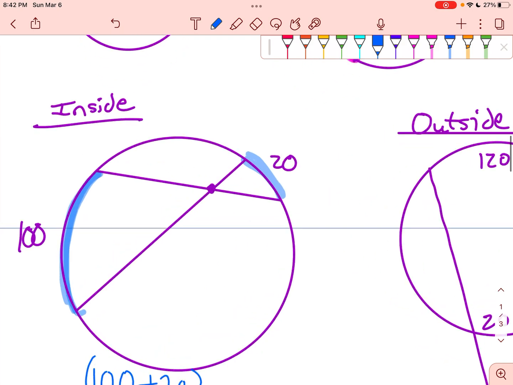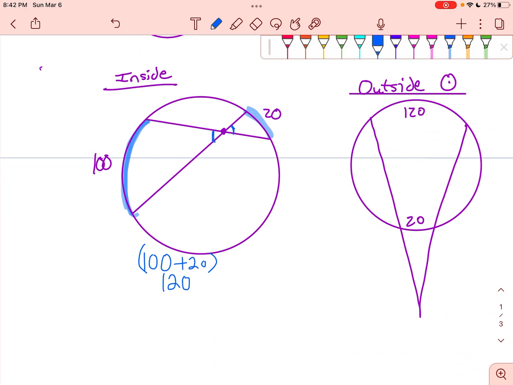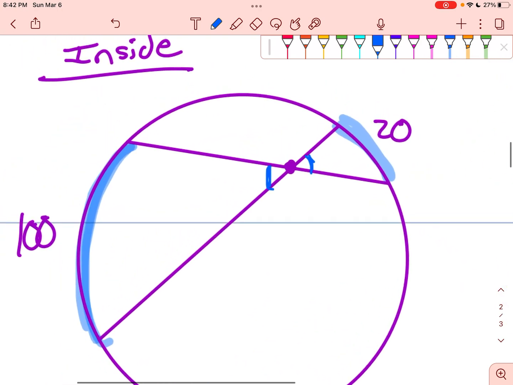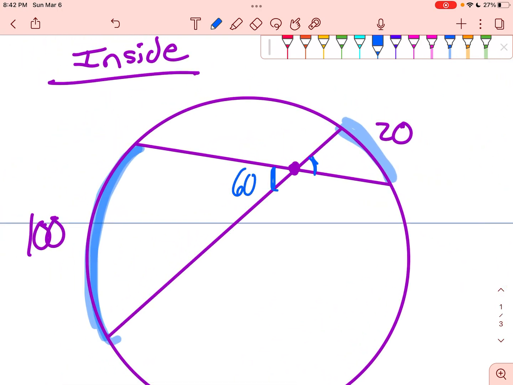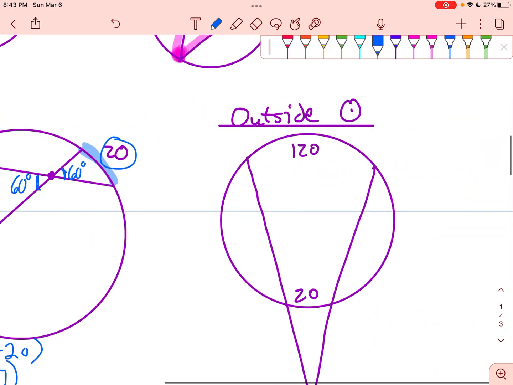Well, if you split that in half, because again, you have two angles that are creating that 120 degrees, if you divide that by 2 or cut it in half, you get 60 degrees. That's how big each of these angles are. Okay, so again, you add the two intercepted arcs up and then you divide it by 2.